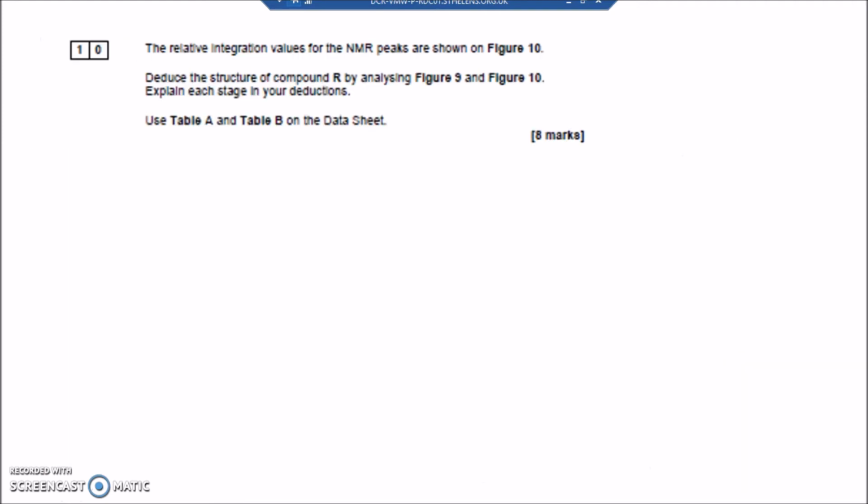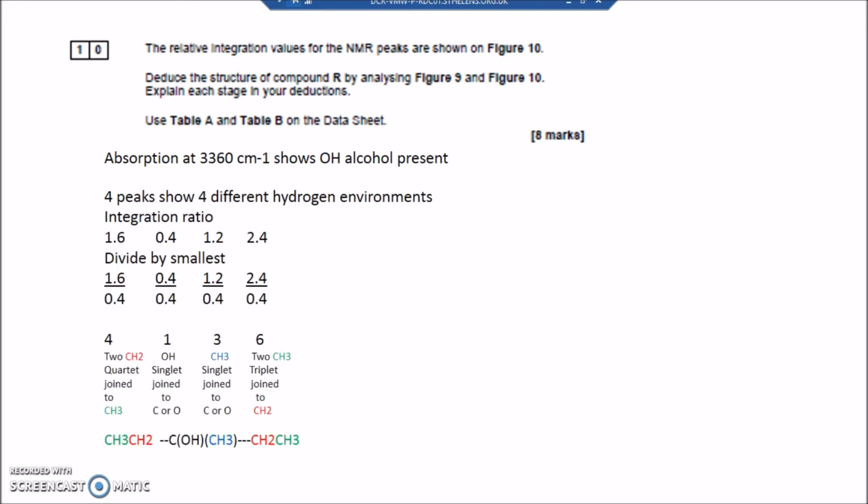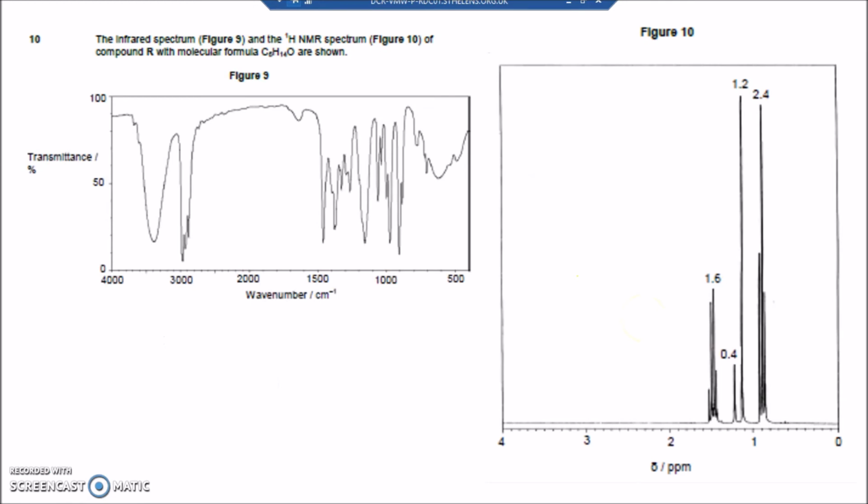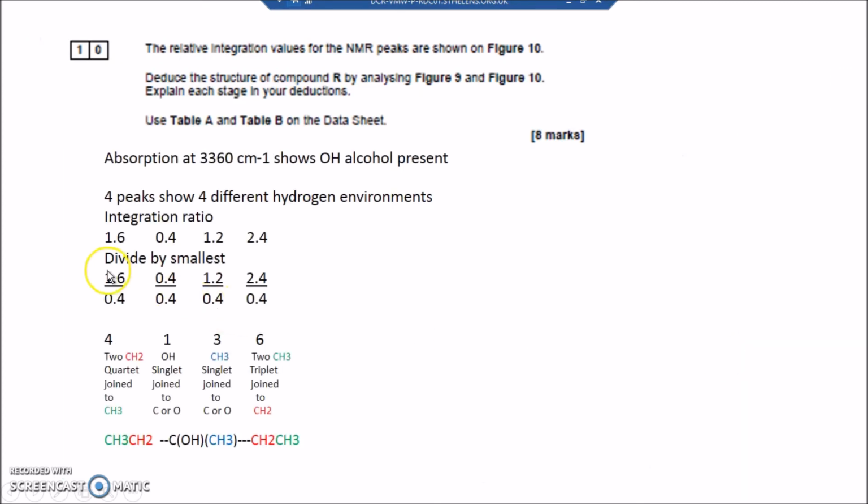Okay, let's have a look then. Table A on the data sheet shows that I've got a 3360. I've got an OH alcohol present. Okay, what else do I know? Well, I've got 4 different peaks showing 4 different hydrogen environments, 1, 2, 3, 4. And if I take the integration numbers and divide by the lowest, I'll find the ratio of each.